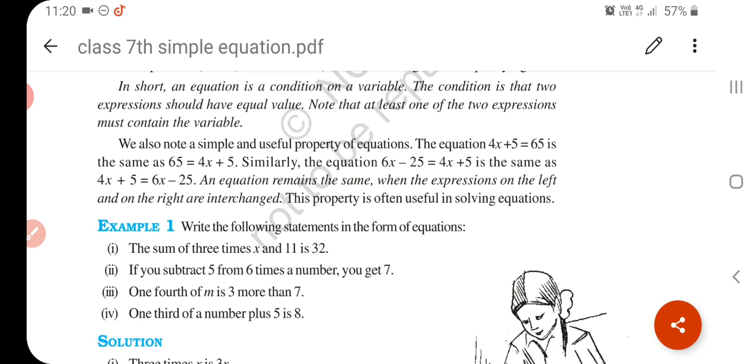One third of a number plus 5 is 8 means one third X plus 5 is equal to 8. And if you see times, then you have to multiply the variable and the numbers.